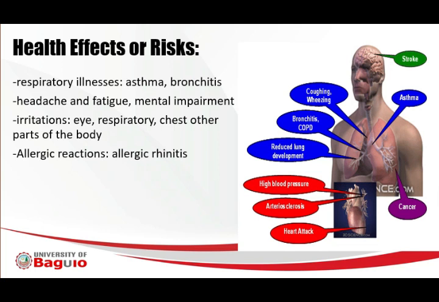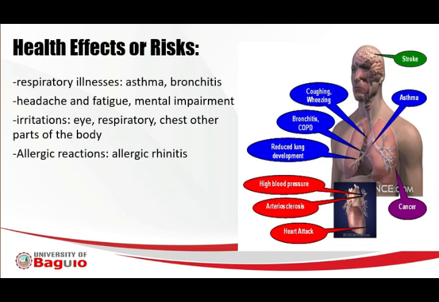I don't know if you have experienced, my dear classmates, that during the early morning or in the evening, when it's cold, you have consecutive sneezing, at least three or more times in a row. That is one reason, or maybe you can say that you have allergic rhinitis.